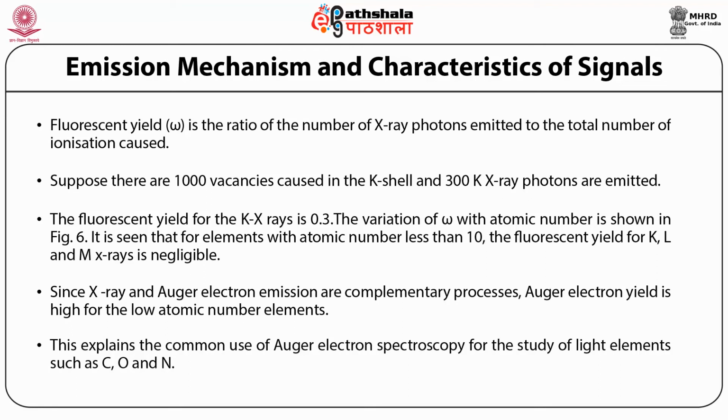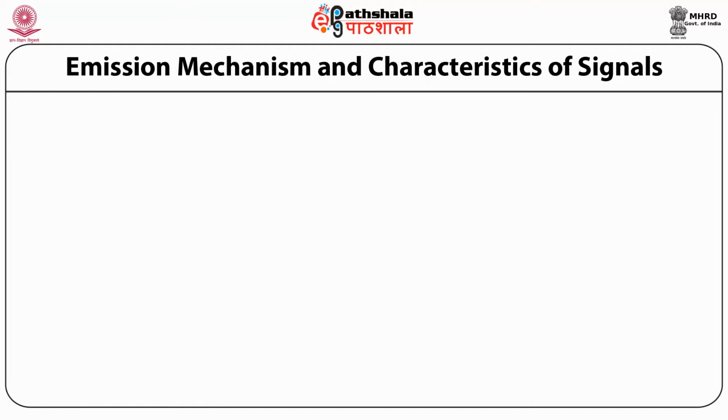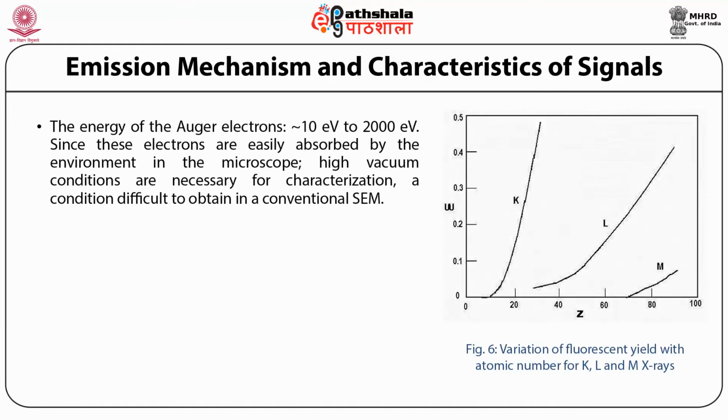This explains the common use of Auger electron spectroscopy for the study of light elements such as carbon, oxygen and nitrogen. The energy of the Auger electrons is from 10 eV to 2000 eV.